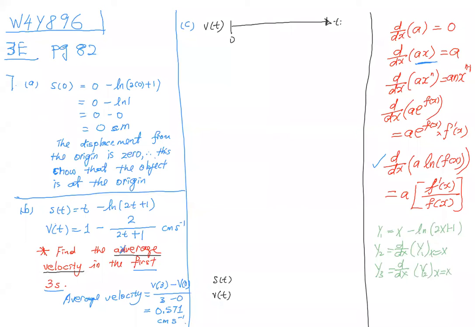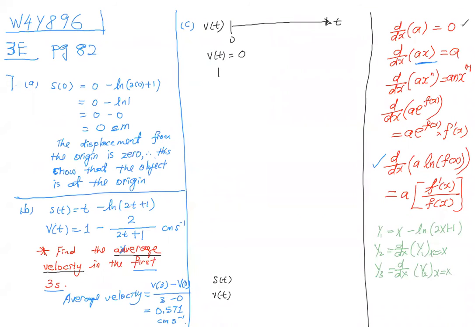The domain is there already. So class, when you want to draw the sign diagram of VT, you must find the time whereby VT equal to 0.